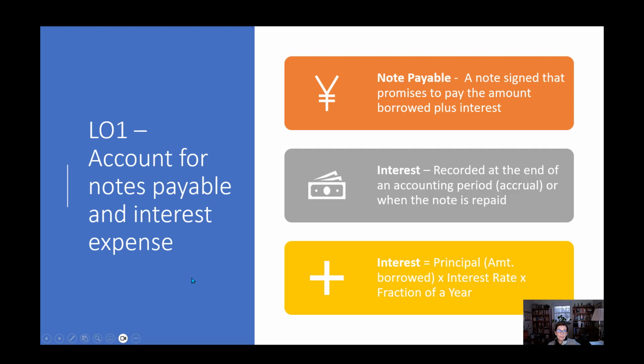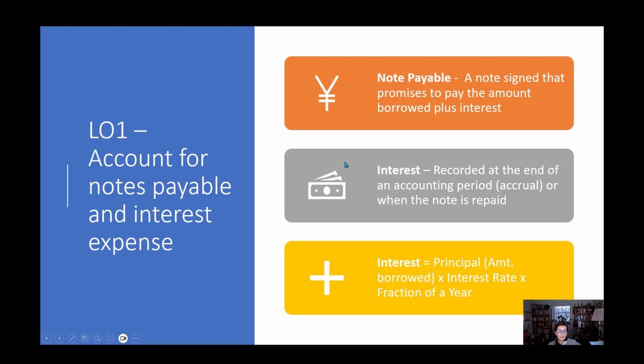Now, notes payable are a little bit more complicated because they involve interest. So remember that a note payable is a note where one party, one company or one entity, borrowed money and promises to pay the money back plus interest, right? And so there's a signed document that the company promises to pay back the money, or the individual pays back the money plus interest.